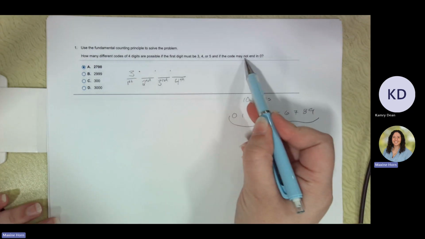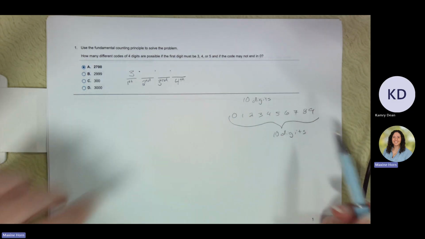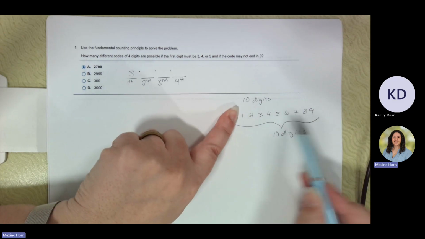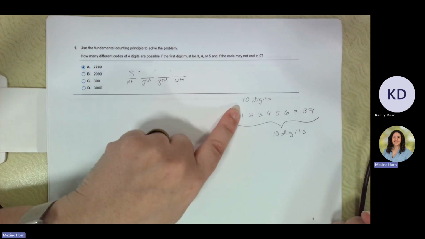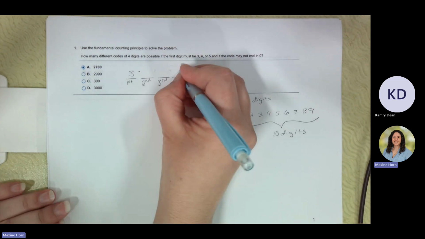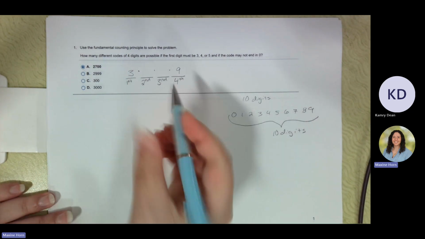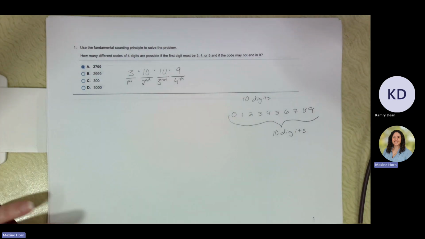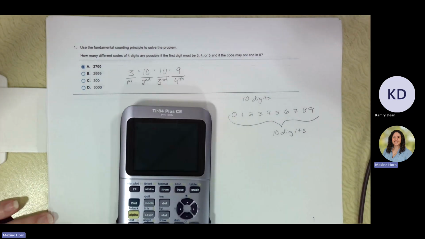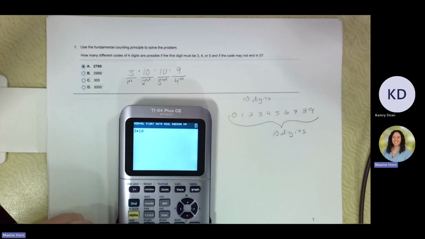Then they say the code cannot end in 0. So instead of having all of these to choose from, I can't choose that one. I can only choose these. So instead of having 10 options, I only have 9 options for my last digit. But they didn't give me any constraints on my second or third digit, so I can put in a 10 for both of those. And so I'm going to plug that into the calculator: 3 times 10 times 10 times 9.